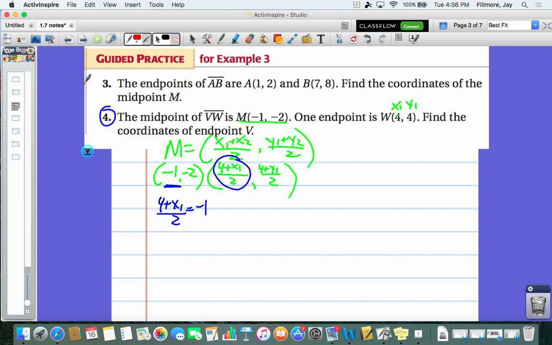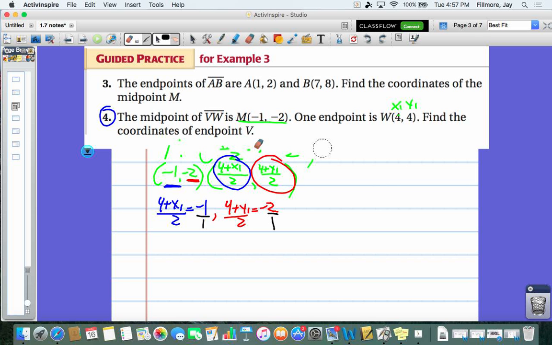Y is -2, so this whole thing should equal -2, because it's the y coordinate. I'm not going to finish it out because it's so long and you really don't need to. You just put this over 1 and cross multiply like a proportion. It just takes forever, right? There's got to be a more efficient way to do this, and there is. I'm not even going to finish that way because you're not going to like it.